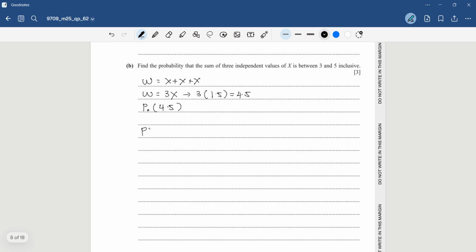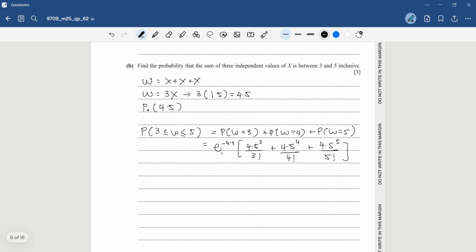They ask for the probability that W is between 3 and 5. So it's going to be the probability W equals 3 plus the probability W equals 4 plus the probability W equals 5. Which is e to the power of negative 4.5 times (4.5 to the power of 3 over 3 factorial plus 4.5 to the power of 4 over 4 factorial plus 4.5 to the power of 5 over 5 factorial).